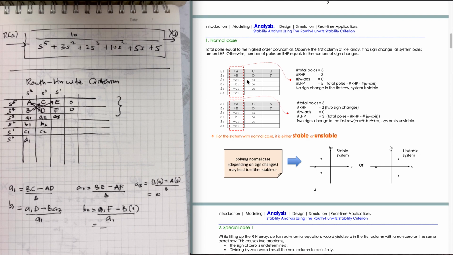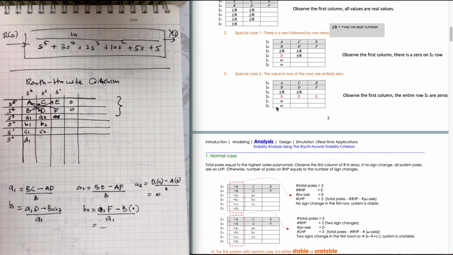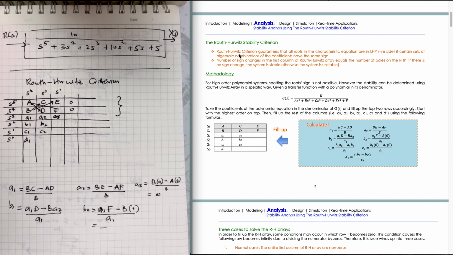We calculate A1, A2, B1, B2, C1, C2, and D1. We found that all these values on the first column are all positive. There's no sign change. That means if there's no sign change, all the roots are on the negative half plane, so the system is stable. That's what the criterion says. All roots are on the left hand plane.